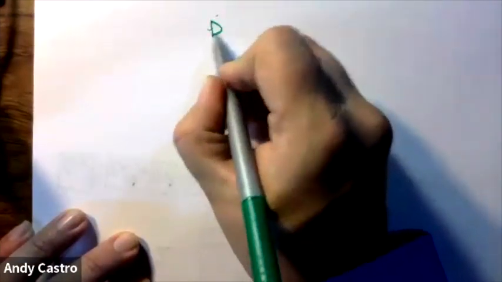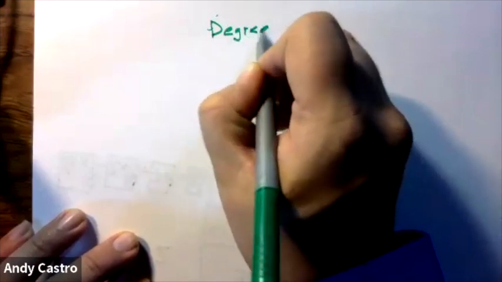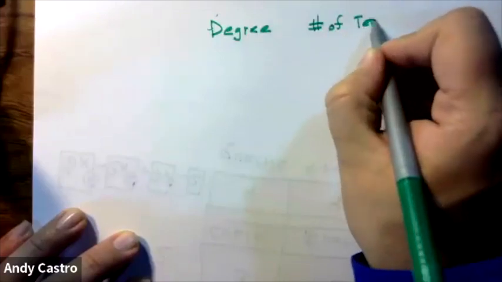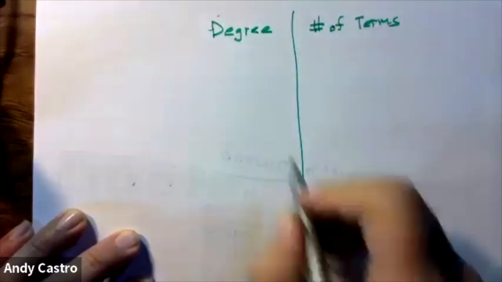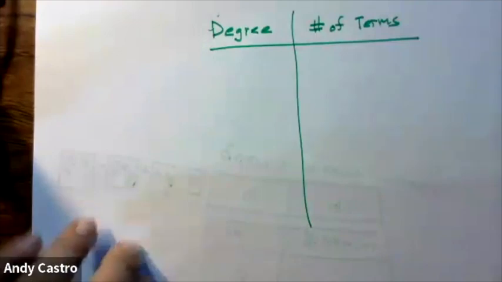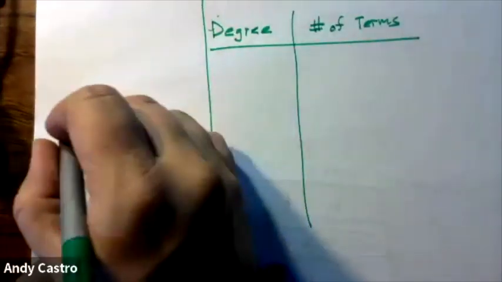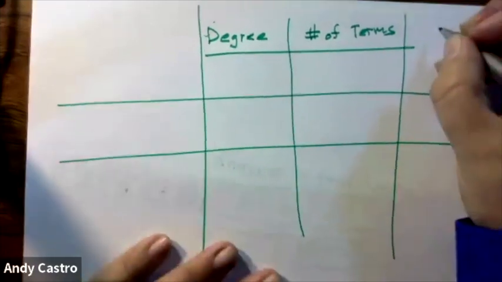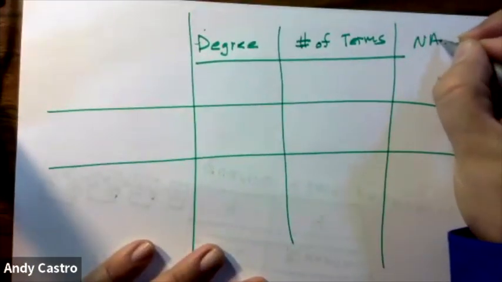Remember, we want to split this into degree and then number of terms. Then over here, we'll put the name.